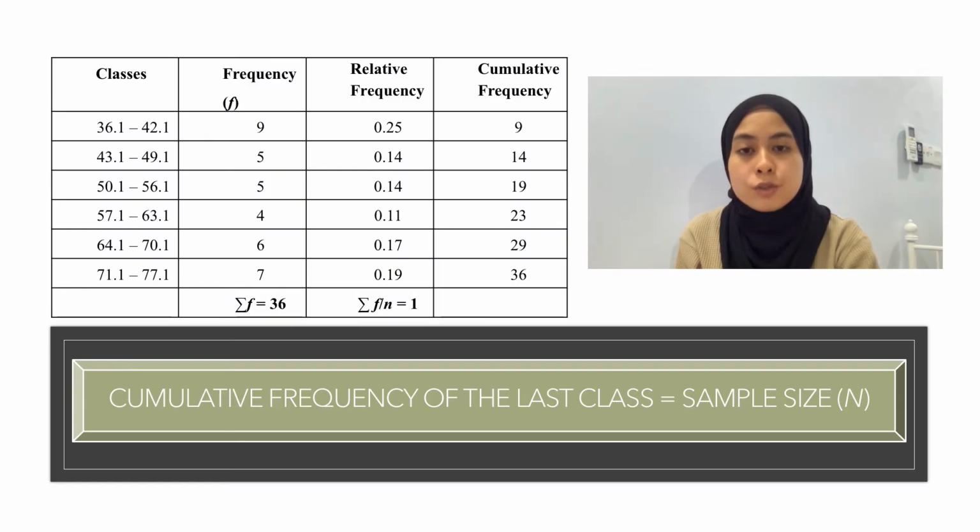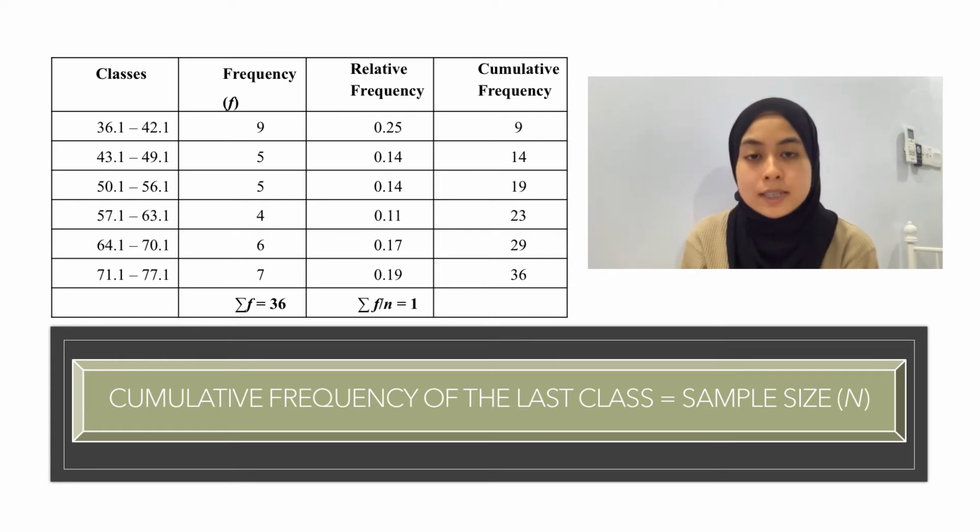Cumulative frequency distribution. The cumulative frequency of the last class is equal to the sample size. The first class we will add to the second class. The table shows the first cumulative frequency for the first class is 9.